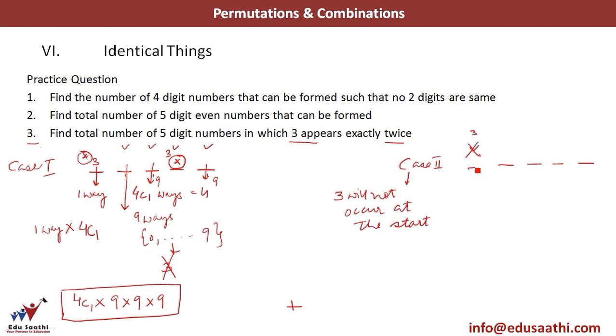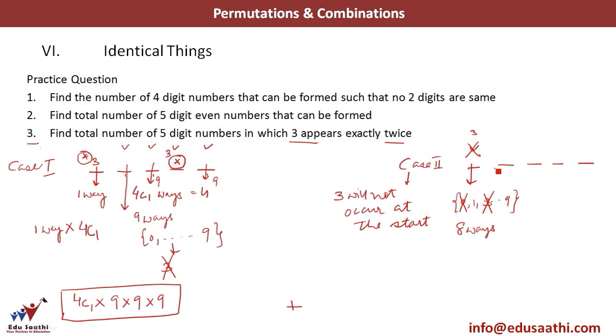So in how many ways can this place be filled now? I have 0, 1 and up till 9. I cannot have 0 here, because then it will be a 4-digit number, and also I cannot have 3 here, because this is the assumption for this case too, that 3 does not occur at the 10,000s place. So in how many ways can I fill this place? I can fill this in 8 ways.